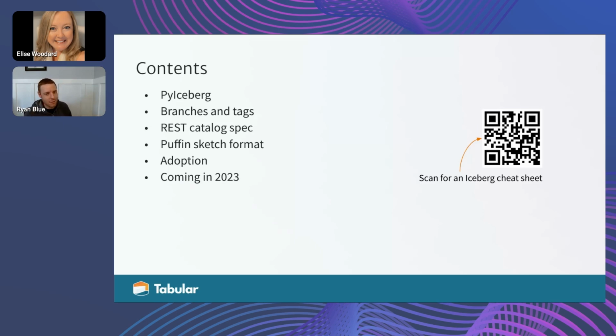We're going to cover the REST catalog spec, as well as the Puffin format, which is a file format for sketch data. Another thing that I want to highlight is adoption, and then a little forward-looking, we're going to take a sneak peek at what's coming up in 2023. So with that, I hope everyone has had an opportunity to scan the QR code, and we'll get moving.